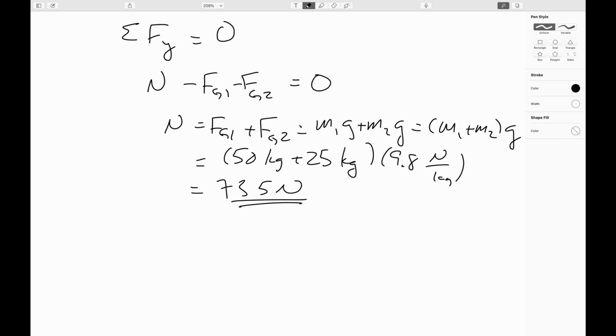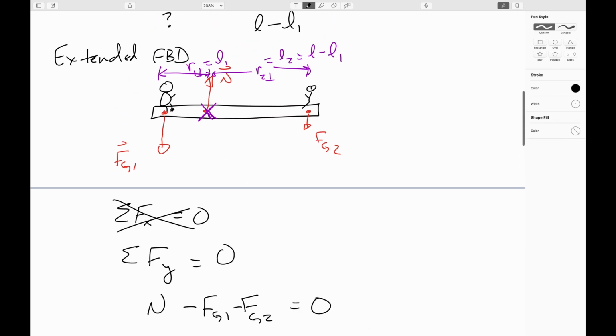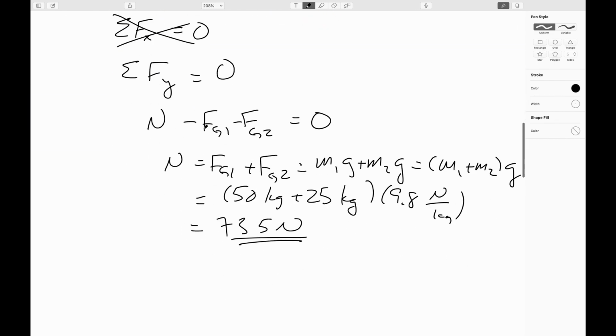And so then just to repeat our analysis we did before for getting our distance L1 right here, which is R1 perpendicular. Let's balance the torques. We'll have a torque due to gravity from the big kid trying to twist the whole thing counterclockwise about this axis right here.